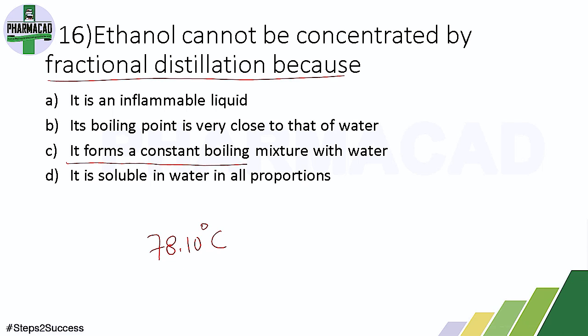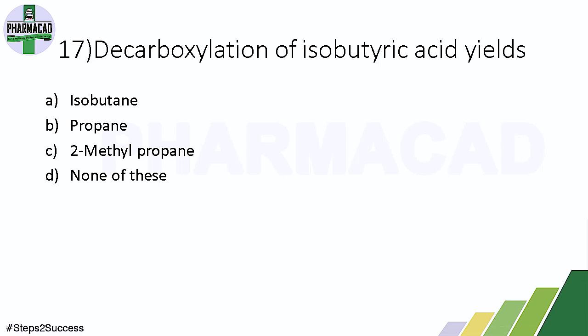Next question. Decarboxylation of isobutyric acid yields. Isobutyric acid is CH3, CH, CH3, with COOH. This is iso because on the second position there is a methyl group.